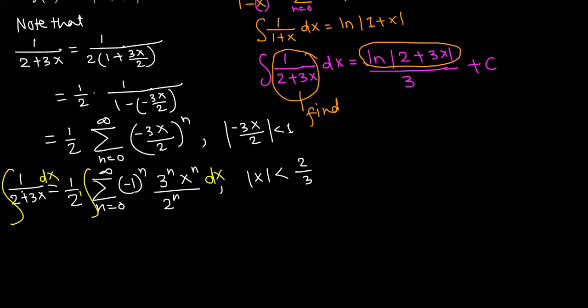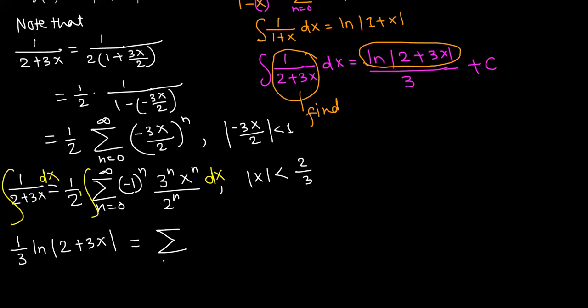Then the antiderivative of 1 over 2 plus 3x dx, using u substitution, we get something divided by 3. This is in fact 1/3 natural log of 2 plus 3x. And in here I'm combining the 2 raised to 1 and 2 raised to n as constants, and this integration is basically for the x factor.